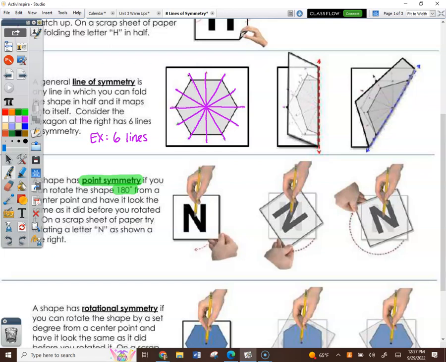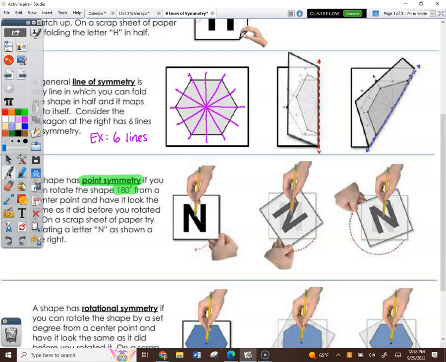Would you agree? Okay, if I had it laying down and stuck my pencil right here in the middle, and rotated the paper 180, it doesn't matter which way, do I have the same image? Yeah. That is called point symmetry.